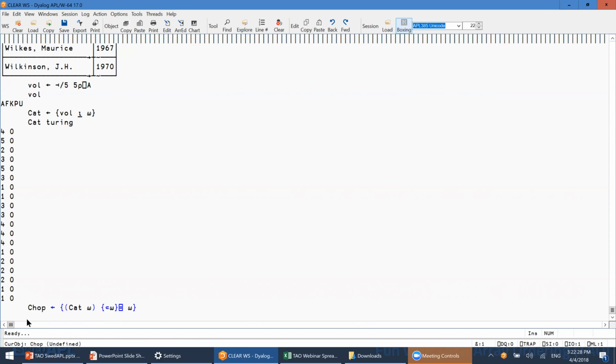So we have our raw data on the right, and on the left we have the categories corresponding to each one of these entries, these winners, and the result is just going to be the enclosed. We're just going to glob them all together. All those that have a certain category get globbed together. The ones with the next category get globbed together. That's what key does when you use it dyadically.